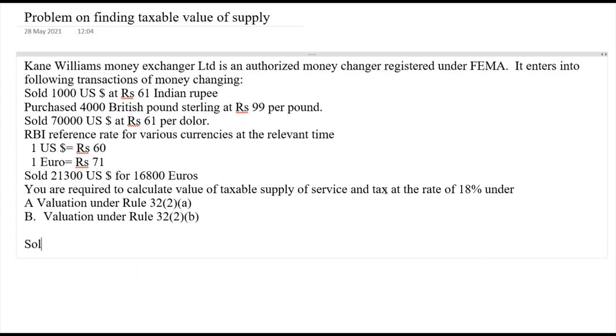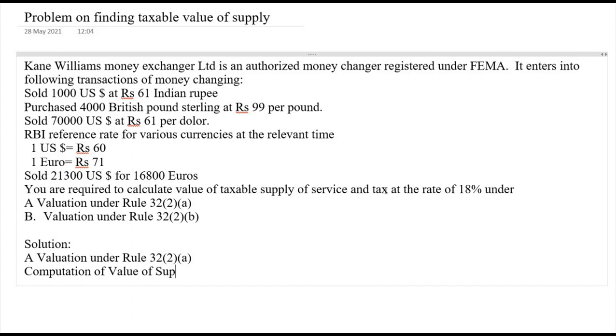So now let us work out this problem here. So first one, A, that is valuation under Rule 32, Sub-Rule 2, Clause A, computation of value of supply. So let me insert the columns here.